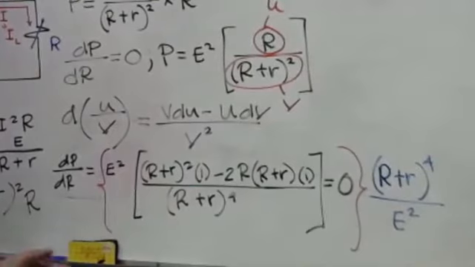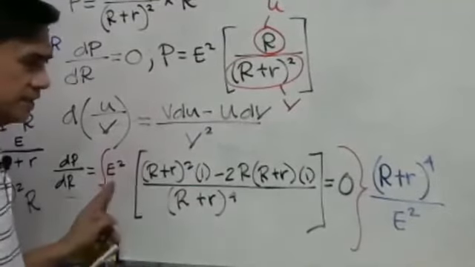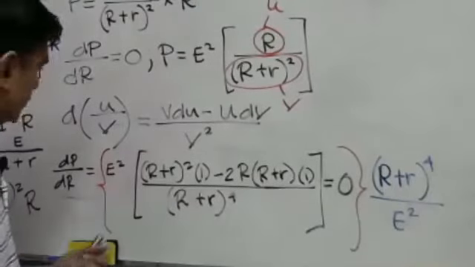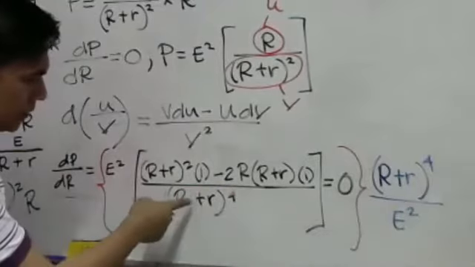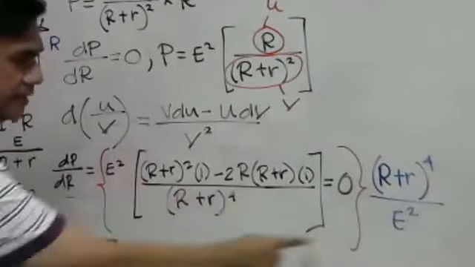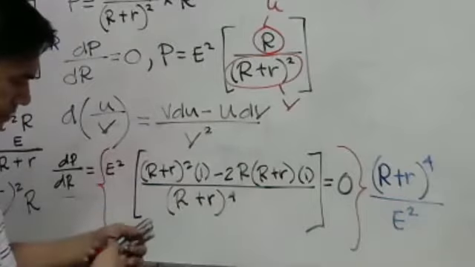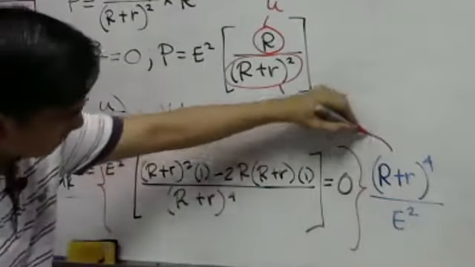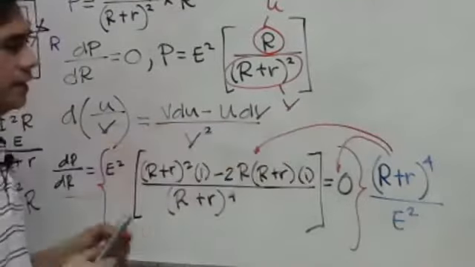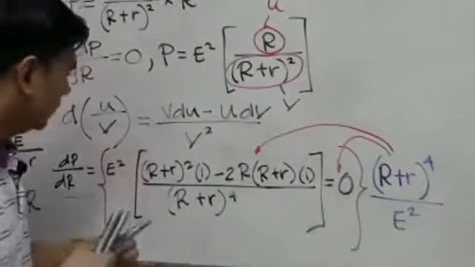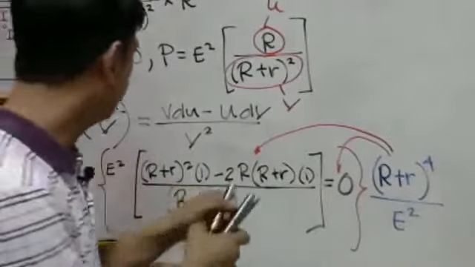So we just have to multiply this equation to this equation. Of course, the R plus r raised to 4 will cancel. Then the E squared will cancel also. Then if we are to transpose, distribute here and distribute here, so this is just 0. What will be left is just simply this equation.